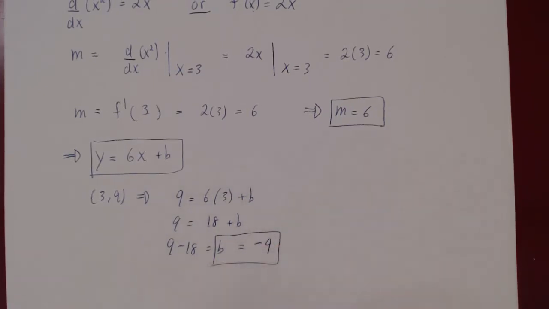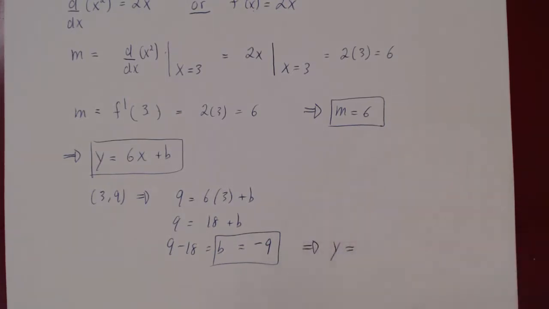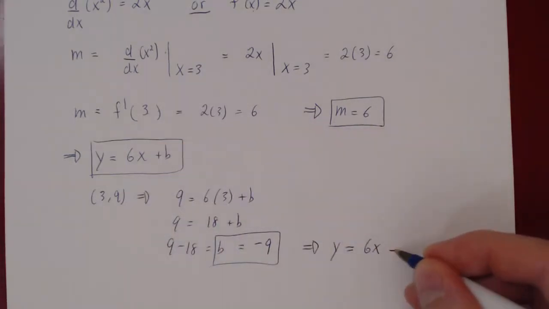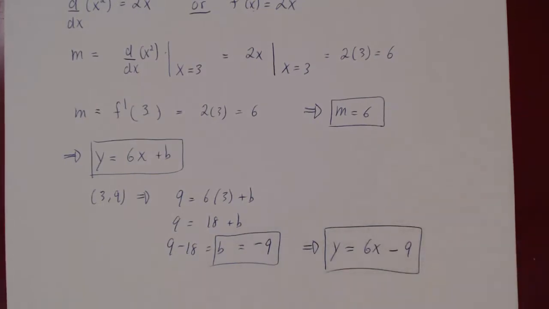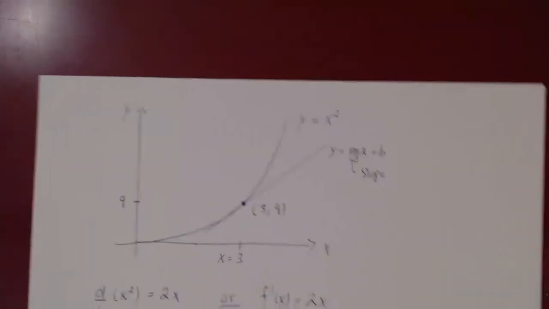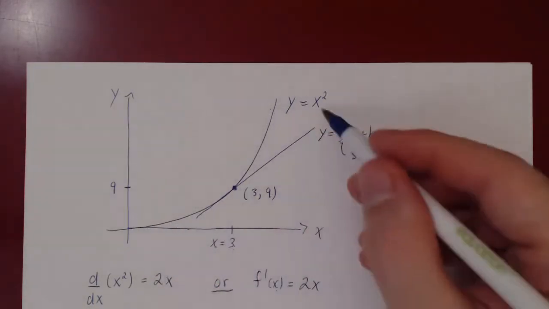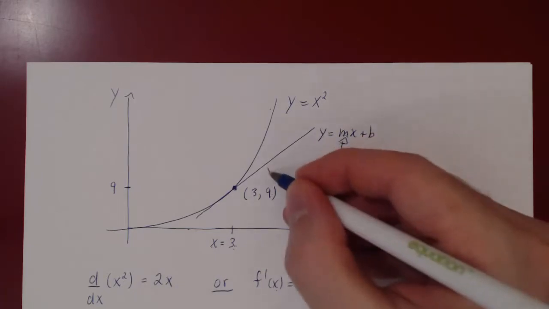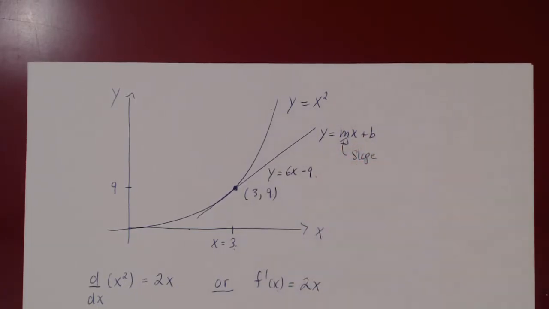And now you have the equation of your tangent line. y is mx plus b. m was 6, 6x plus b, negative 9. So if we go back, with the curve y equals x squared, when x is 3, the tangent line is 6x minus 9. And that's it.